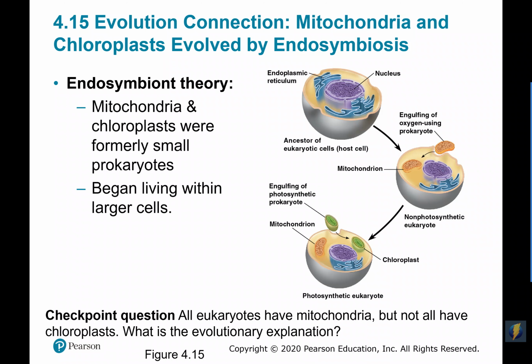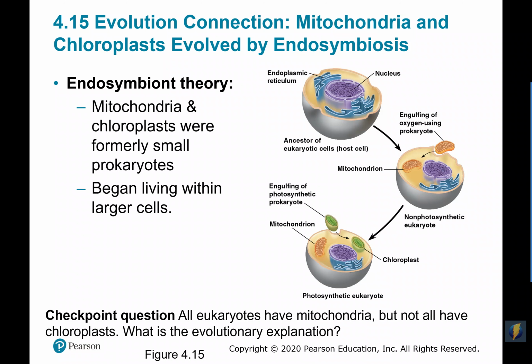The mitochondria and the chloroplasts were, at one point, very small prokaryotic cells that began living inside a larger cell. And the larger cell found the energy-using prokaryote, what becomes a mitochondrion, quite useful.